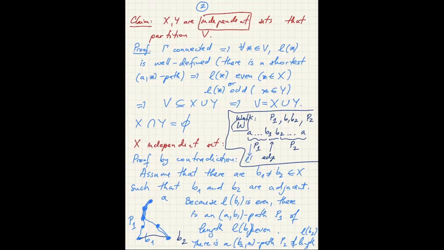This edge uses 1 step, and the path P2 uses LB2 steps. And so in total, I'm using LB1 plus LB2 plus 1, even plus odd. This is going to be an odd walk. So this walk W is a closed odd walk.